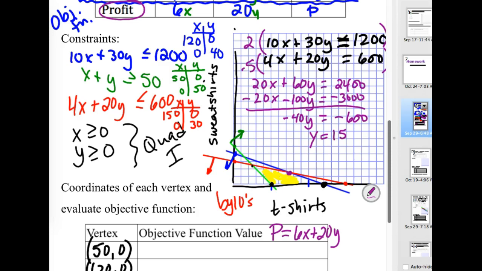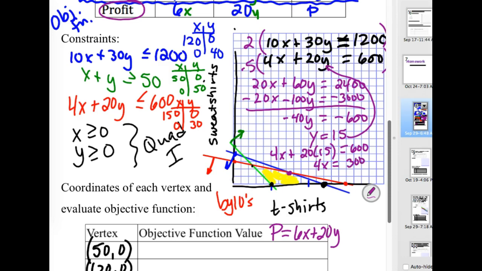And then if we plug that back in for one of our y's, it doesn't matter which one. Let's say we plug it in there. Then we've got 4x plus 20 times 15 equaling 600. What's 20 times 15? 300. Subtract 300 over. So 4x has to be the other 300.